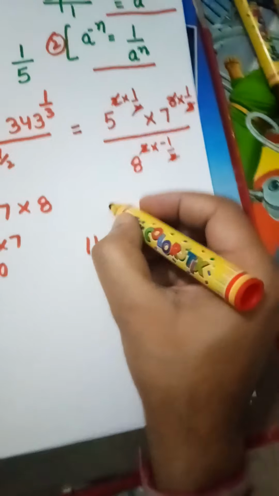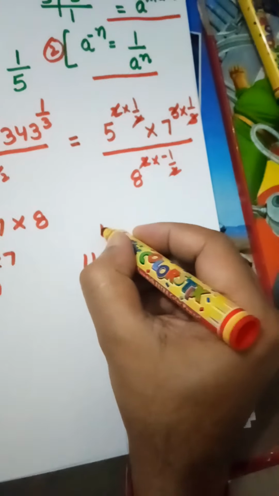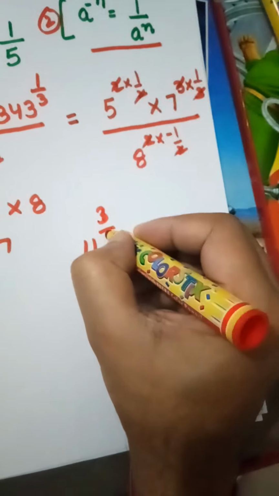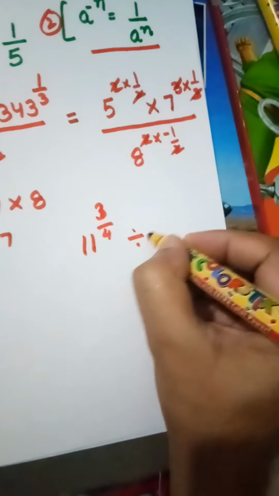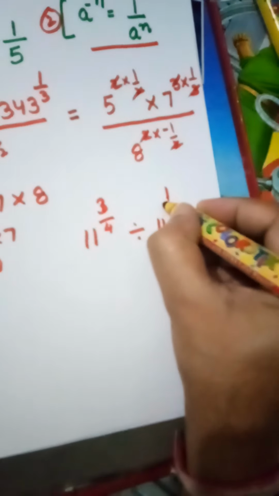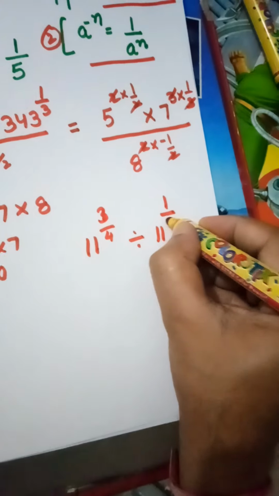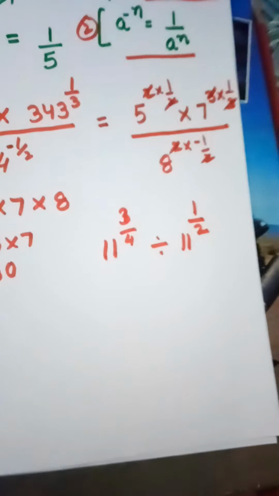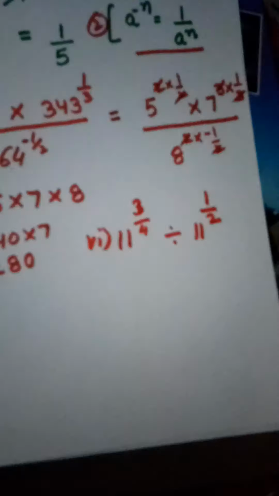If we have this type of question, suppose 11 raised to power 3 upon 4 divided by 11 raised to power 1 upon 2. How will we go for that part? Suppose this was our fifth part, and now this is our sixth part. How do we go for this?